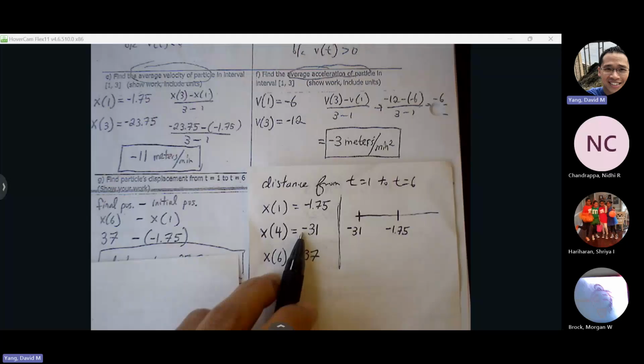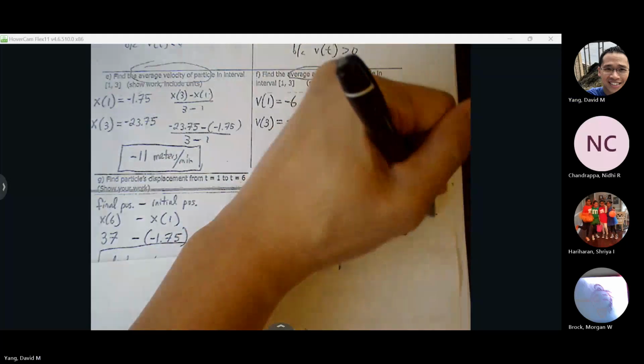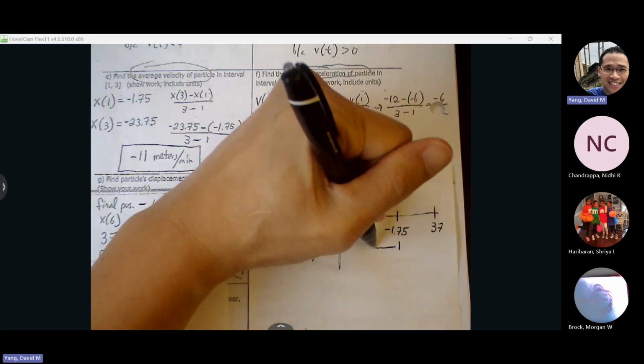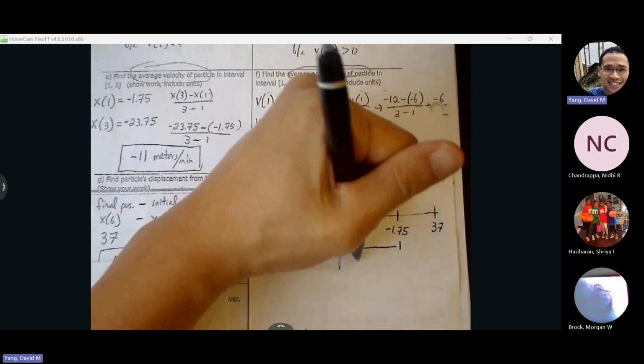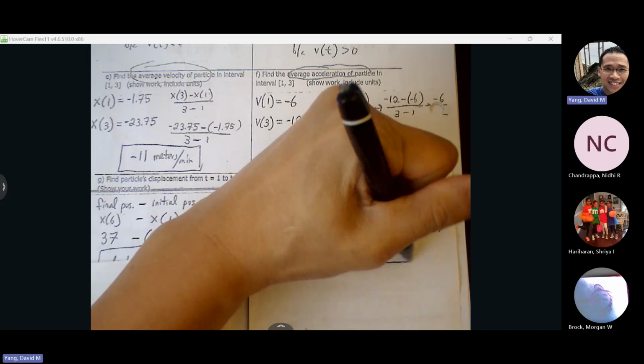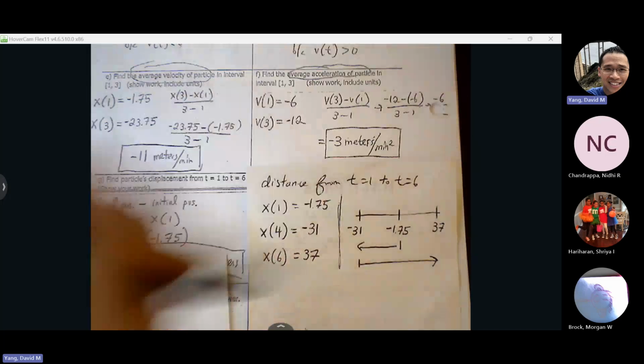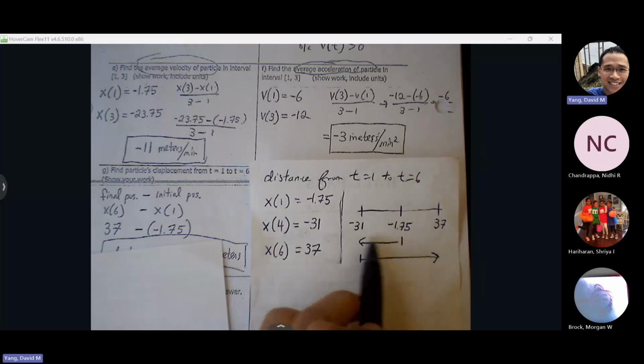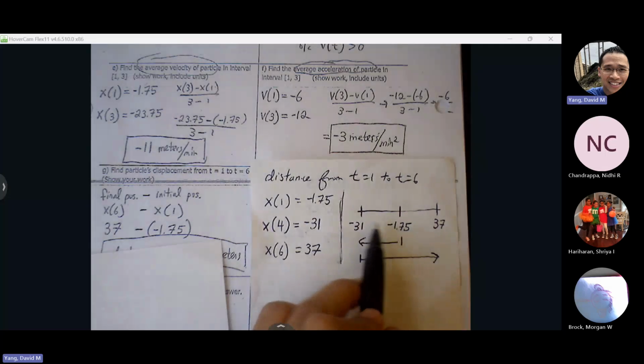And then after you get to this location, you're turning around and walking back to 37 on the number line. So you're starting here, walking to negative 31, and then turning around and walking back to 37. All along the way, you're just counting your steps. To find the distance, the steps you took between these two, just subtract these two numbers.